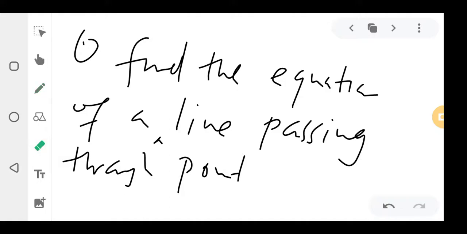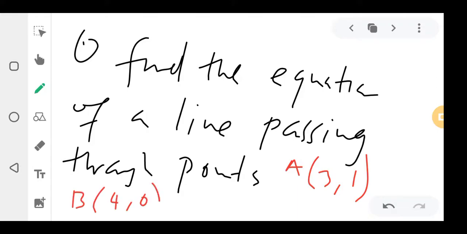You can put the equation of a line or equation of a straight line, it's the same thing. Passing through the points A is 3, 1 closed, and B is 4, 0 closed.